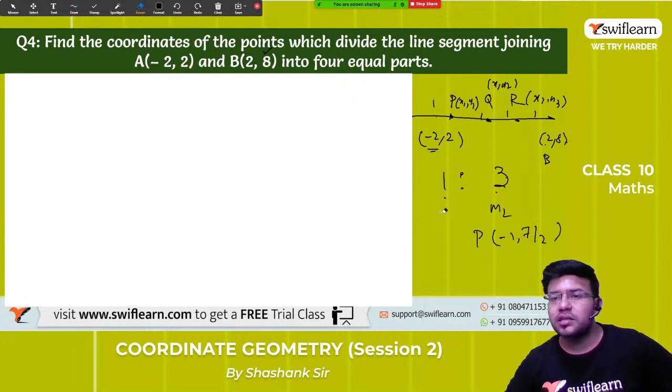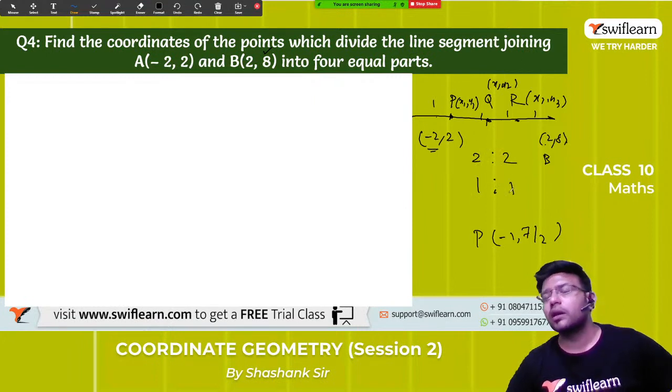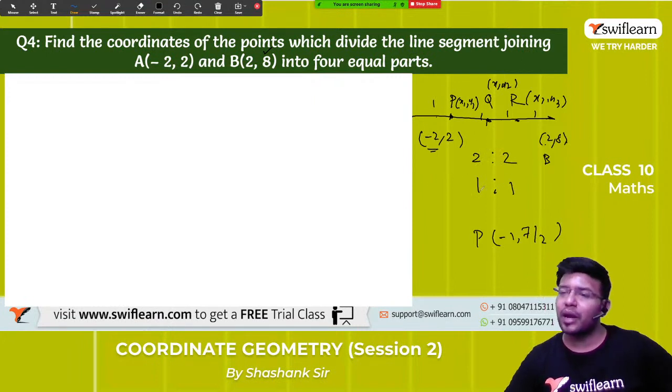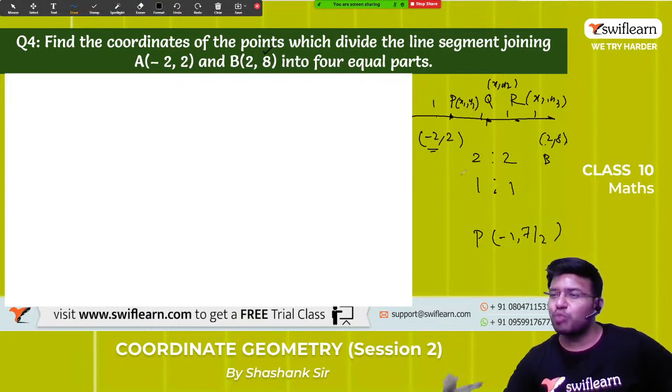Now let us take the point Q. यहाँ पे 2 parts से, यहाँ पे 2 parts से. So it is dividing in the ratio 2:2, which is nothing but 1:1. Same है ना, 2 divided by 2 will get 1 by 1. So use midpoint formula.